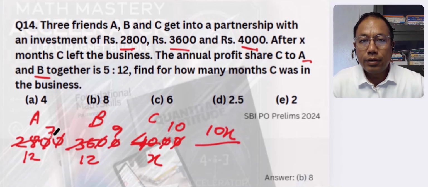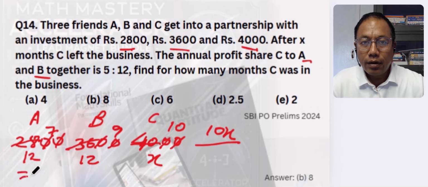A and B multiply here. 7 into 12, 14, 4, 1 in hand. 7, 1 is 7 plus 1, 84. Multiply 9 and 12. 9, 2 are 18, 8, 1 in hand. 9, 1 is 9 plus 1, 10.